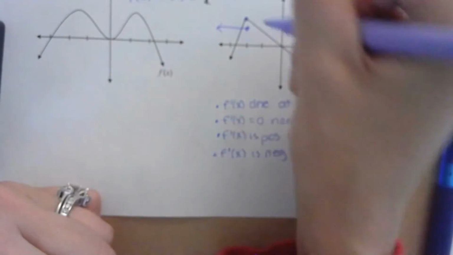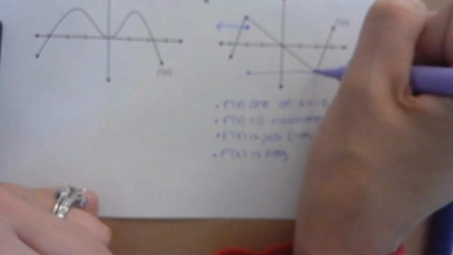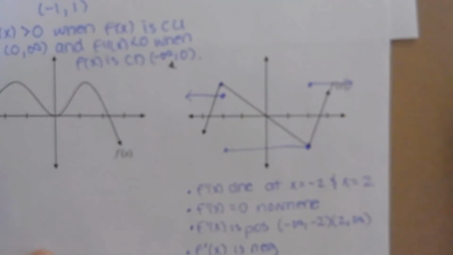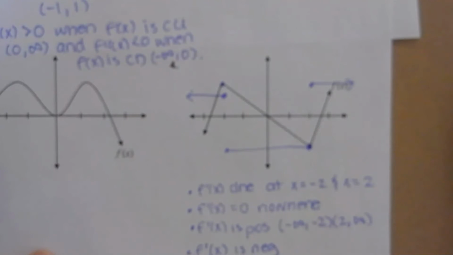So technically this is just a positive horizontal line, right? This would be a negative horizontal line, and this would be a positive horizontal line again on the derivative. Like I drew the derivative graph. What's the derivative of a horizontal line? 0.